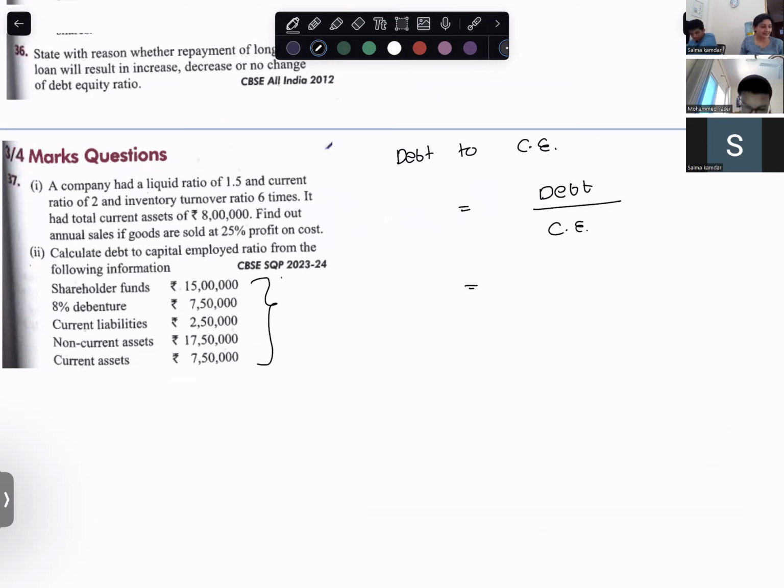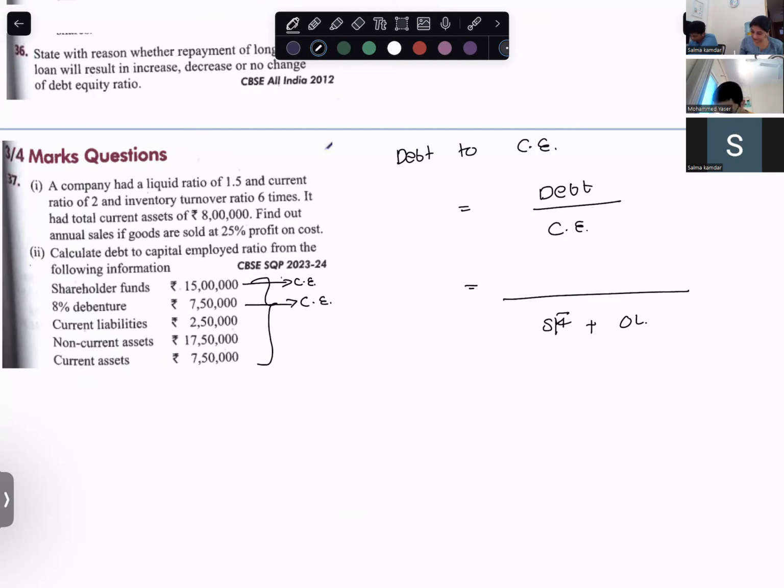What do you mean by capital employed? Shareholders' funds, reserves and surplus, plus outside liabilities. So shareholders' funds will come under capital employed. Outside liabilities will also come under capital employed.